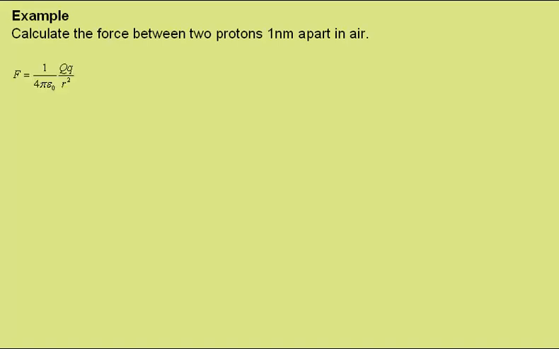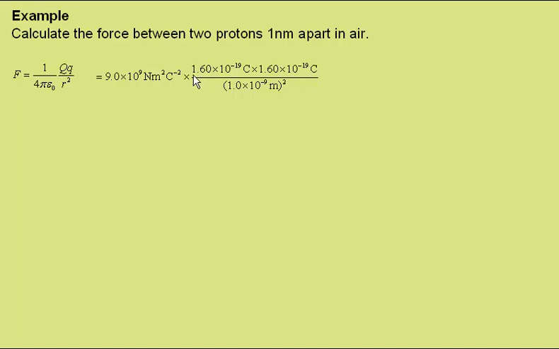Let's look at an example. Calculate the force between two protons 1 nanometer apart in air. Well, for this we need the Coulomb's law expression, and if we now put in the values with 1 over 4 pi epsilon naught having the value 9.0 times 10 to the 9 newton meters squared coulomb to the minus 2, multiplied by the charge on a proton of 1.6 times 10 to the minus 19 coulombs, and again by the charge on the other proton.